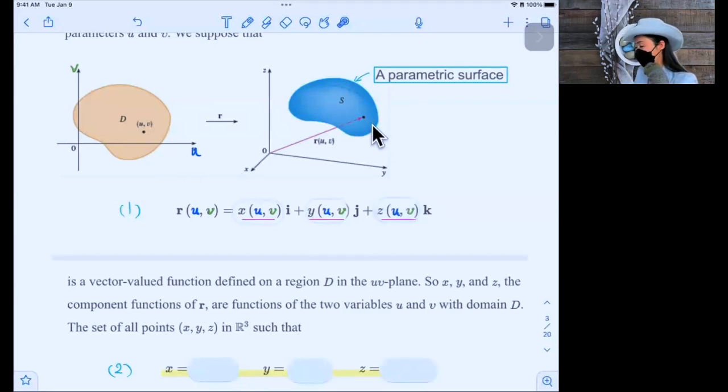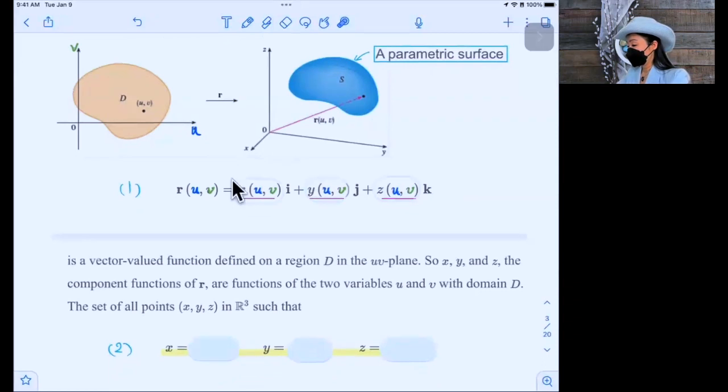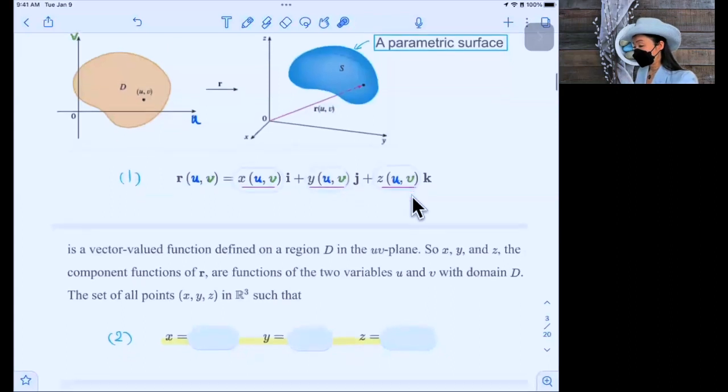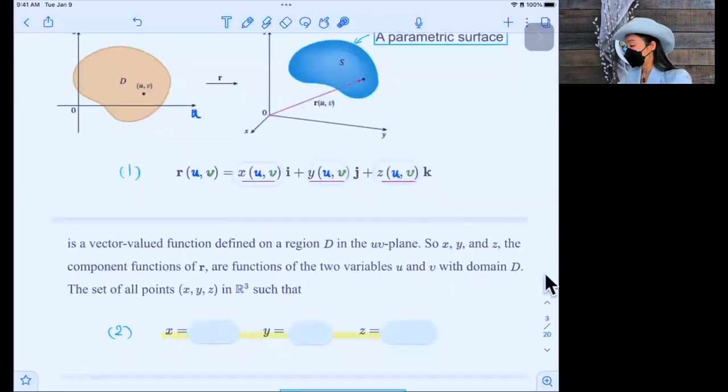So that is z of u, v. Basically every coordinate x, y, and z is a function of u and v, using u and v as parameters. So this is a vector-valued function defined on this region D in this uv plane.